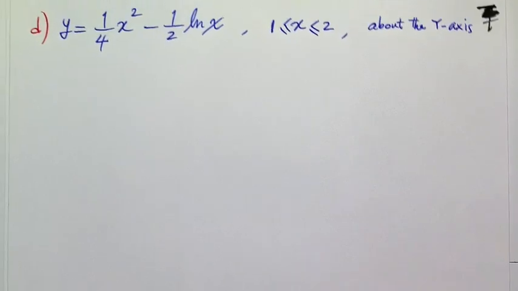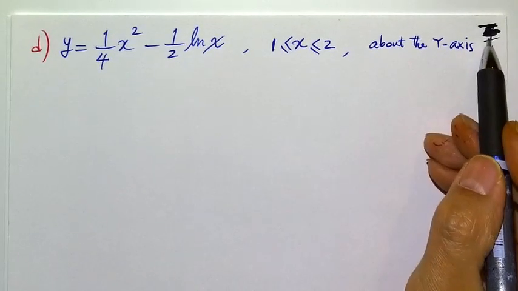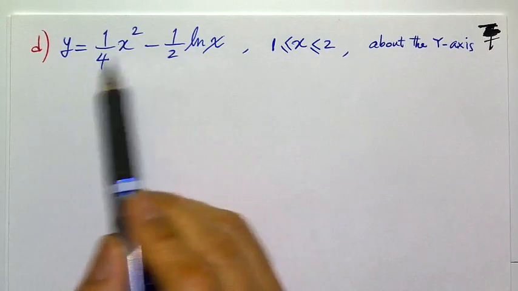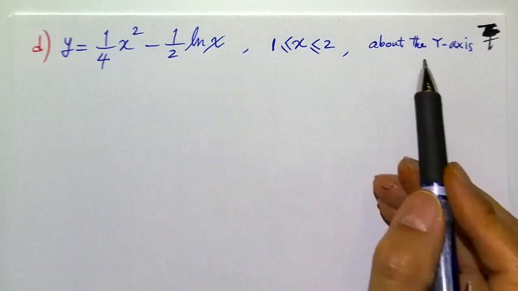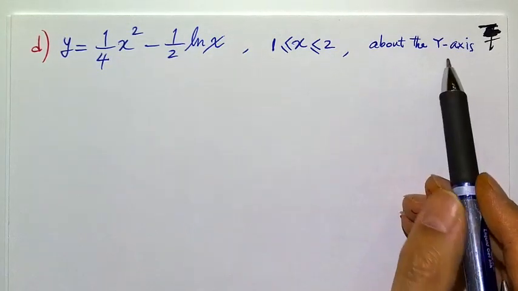Okay, so let's, and this should be 7. So page 7 here. So here is another example. I will clean this up before posting this on Canvas. But here we have this expression, and this time we want to rotate that region about the y-axis.